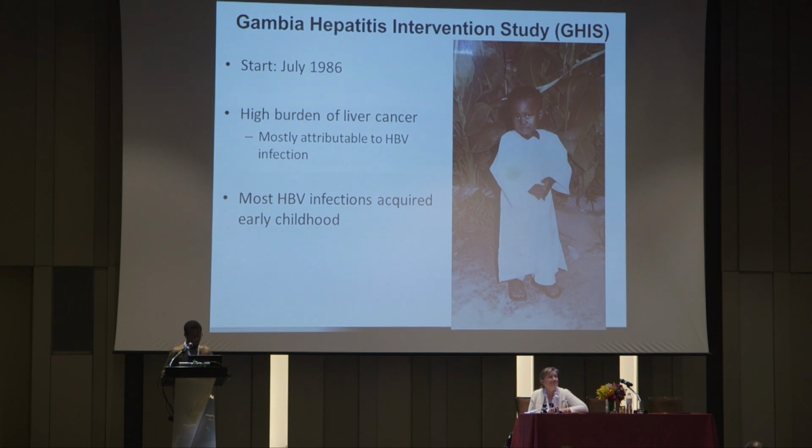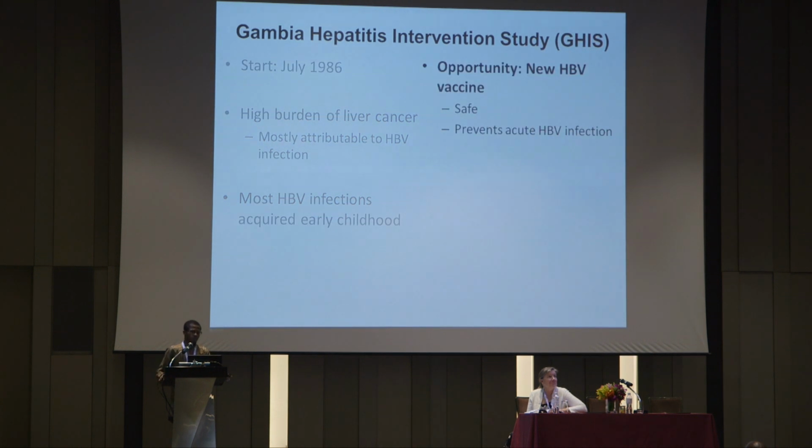in designing this study. The study was conceived on a background of a heavy burden of liver cancer in sub-Saharan Africa, with most of these cancers attributable to chronic infection with hepatitis B. Most of these Hep B infections were acquired in early childhood.